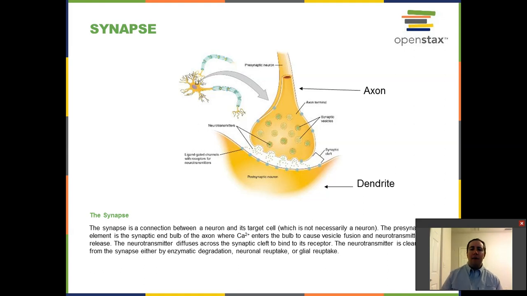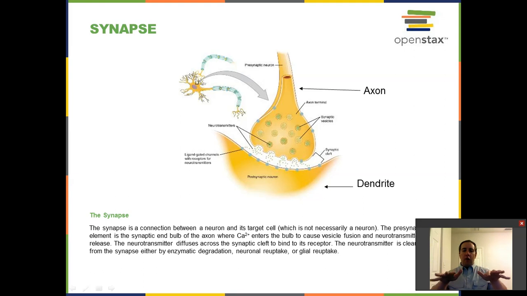So what's going to happen is we have what we call neurotransmitters. These are little tiny molecules that are held inside vesicles. Remember, vesicles are like little bubbles inside of a cell. They're sitting there at the end of the axon waiting for the signal to be released. When that action potential reaches the end of the axon, it causes the neurotransmitter to get released into the synaptic cleft.